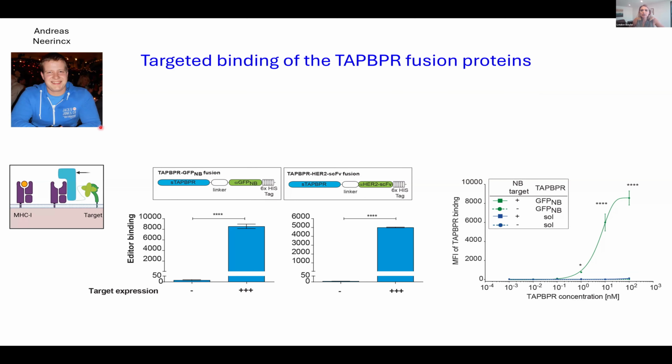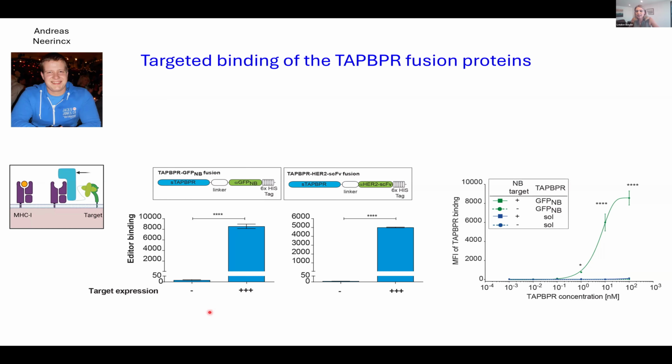So Andreas Nerinx, who was a postdoc in the lab a number of years ago, made a series of TAPBPR fusion proteins in which we fused the luminal domain of TAPBPR with either a nanobody or a single-chain variable fragment to try to tether the TAPBPR to a target protein of choice that we would express on the surface of tumour cells.